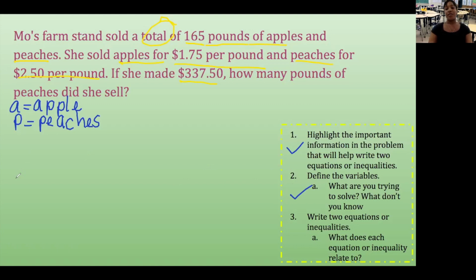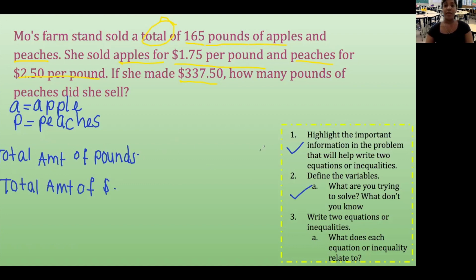The next thing that we need to do is to write two equations. So we're trying to relate these things, right? They're talking about the total amount of pounds, and they're also talking about the total amount of money. The total amount of pounds is 165, so we know that we're going to write an equation that equals 165.